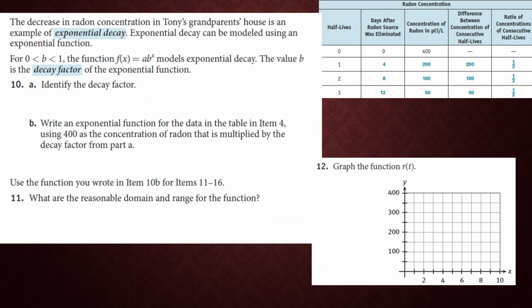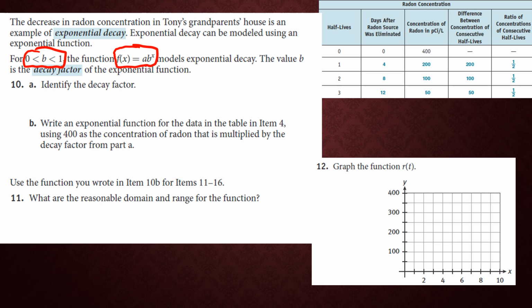Okay, so the decrease in radon concentration in Tony's grandparents' house is an example of exponential decay. Exponential decay can be modeled using an exponential function, which we've been using. The only difference is that in exponential decay, the b value is between 0 and 1.